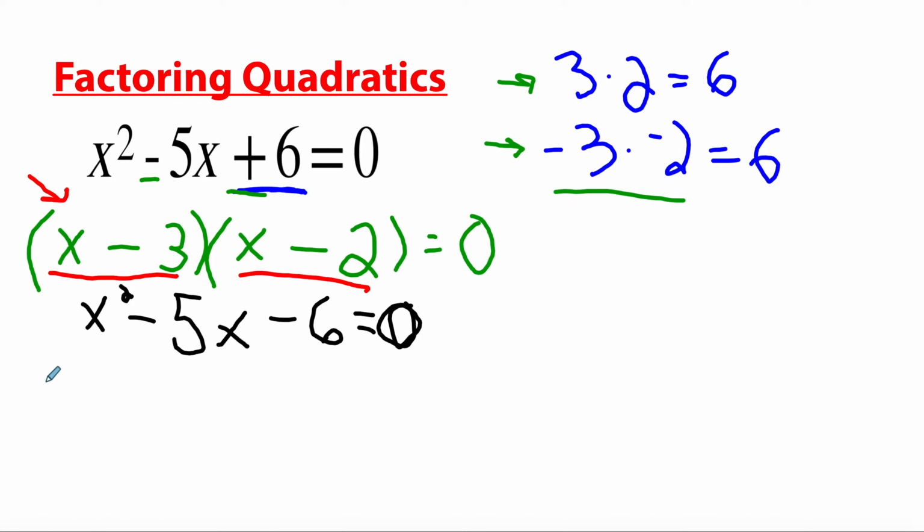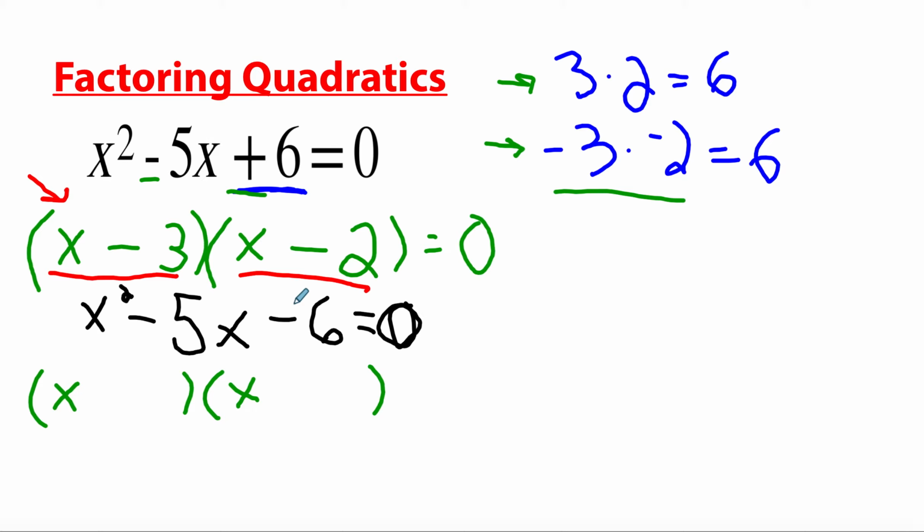Okay, so when we're factoring, always, we know it's going to look like the multiplication of two linear expressions. This is going to be x, this is going to be x. Now I have to work with the factors of negative 6 to add to negative 5. So what factors of negative 6 will allow me to add to negative 5?